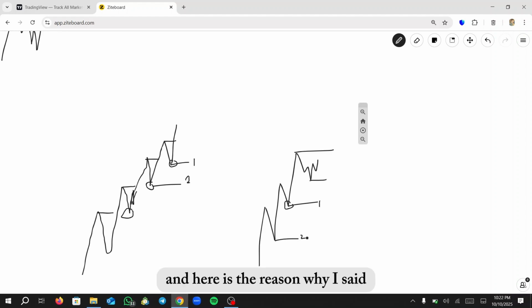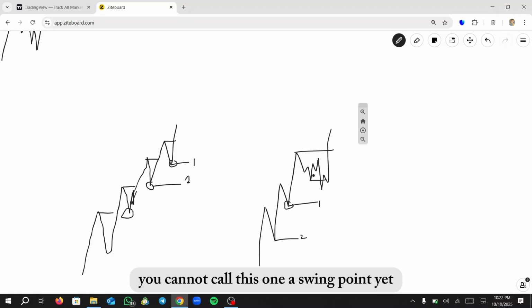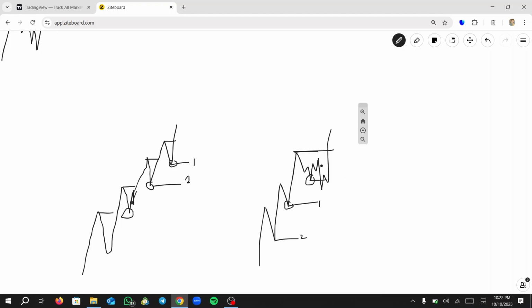The reason I said you cannot call this a swing point yet is that the market might still come down to clear this low before reversing back up to clear this high. So the only time you can call a point a swing point is when it has broken structure.